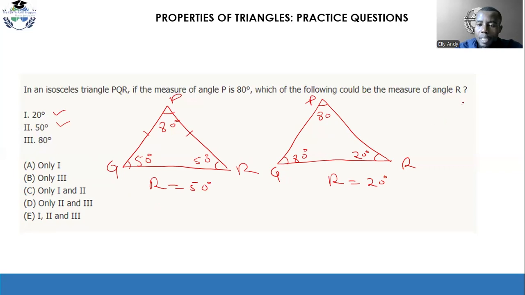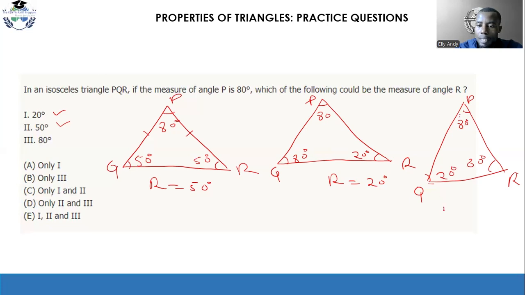But then again, we can still sketch the same triangle as P, Q, R. So we can have 80 degrees, 80 degrees, and 20 degrees.